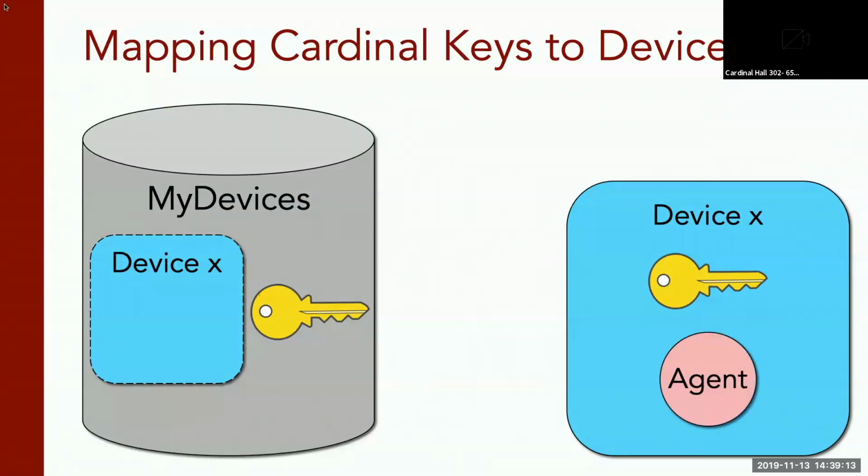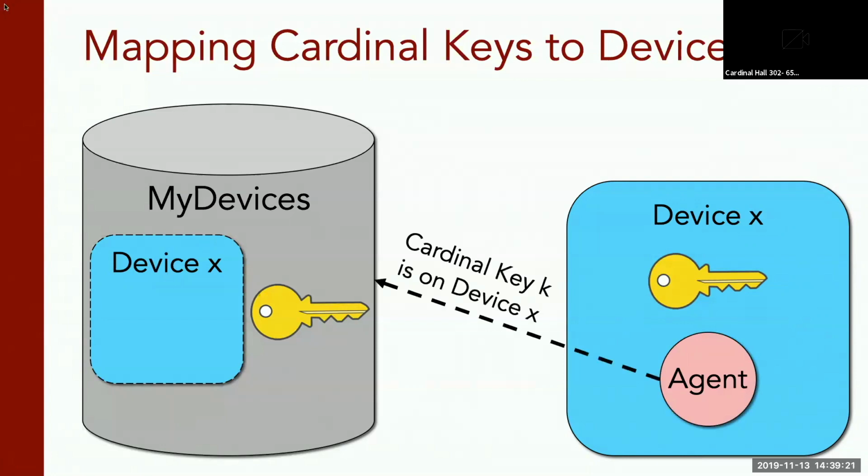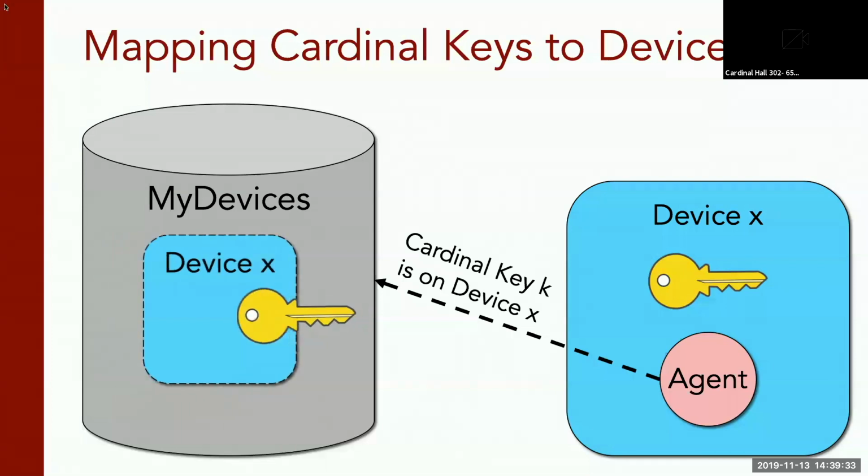And we ended up realizing, why don't we use our agent to tell us what Cardinal keys and certificates are on the devices? The MDM agent, or BigFix in this case, says Cardinal key X is on this device, and that allows us to make that mapping in My Devices.